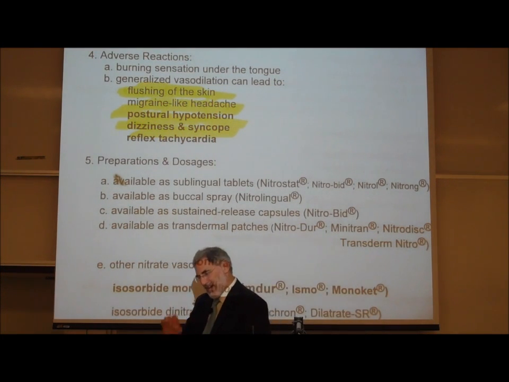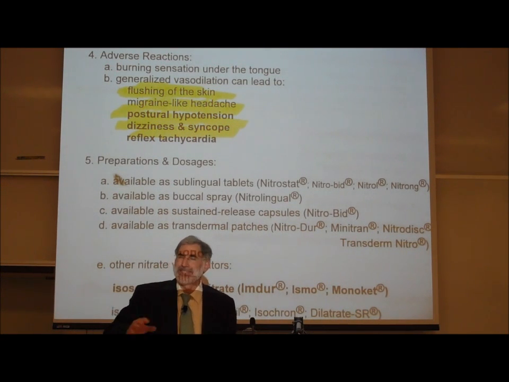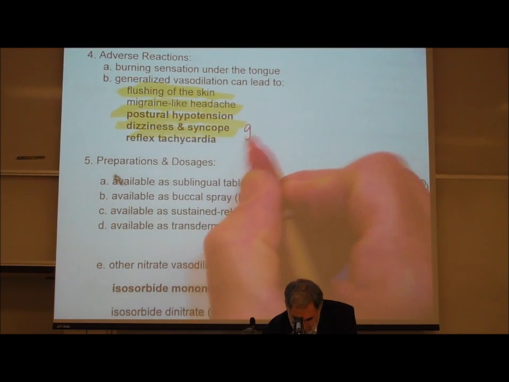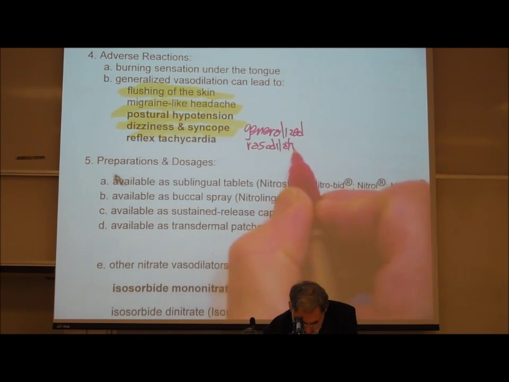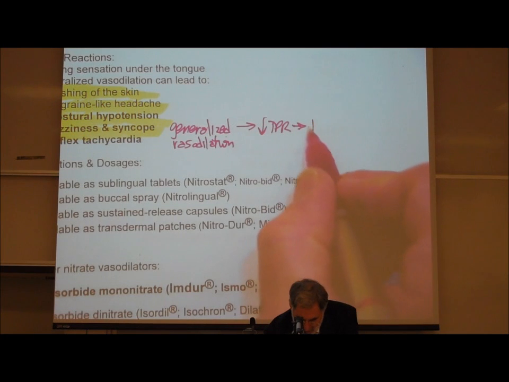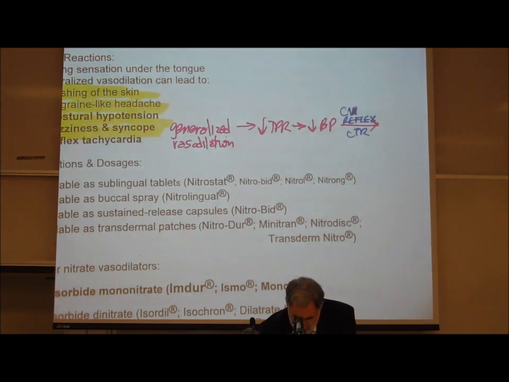And I want to remind you of a concept that we introduced to you, that a drug that just dilates vessels but does not have a direct action on the heart, you'll remember that by causing generalized vasodilation, that's going to lower total peripheral resistance, which is okay, but that's going to lead to a drop in blood pressure, and the cardiovascular reflex center in the brain is going to respond to this drop in blood pressure by causing a reflex tachycardia.